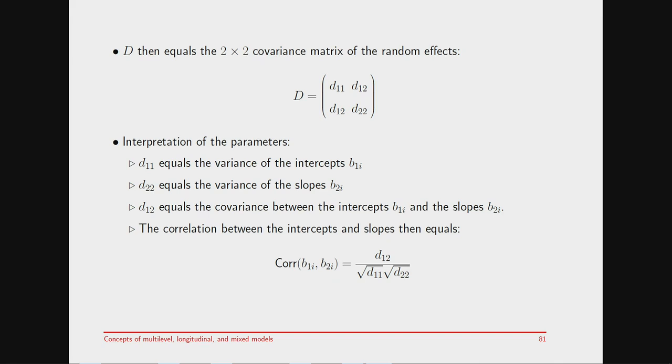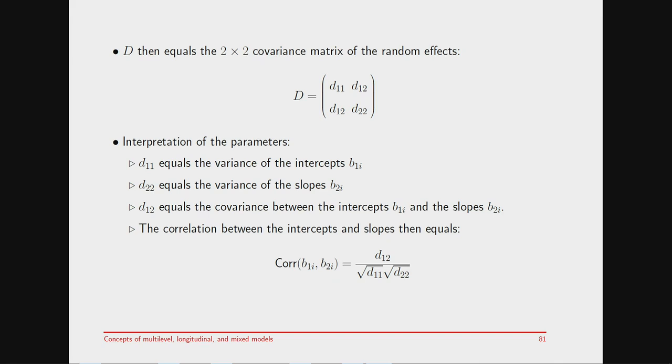If you want to know how quickly the blood pressure drops, whether that's related to the level where you start, then that's a question about the association between the slope and the intercept.